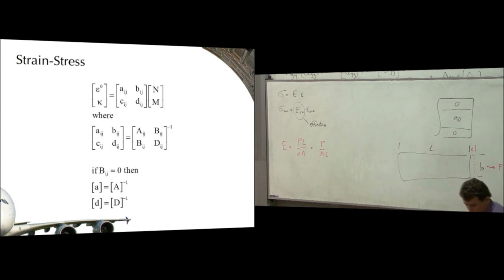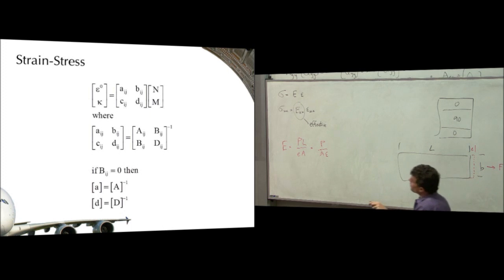So I've done it, it's in the notes, and I did flick through it quickly last week, but we can do an inverse of the A and B matrix to get little a's and little b's. And instead of having forces on one side, we've now got strains on one side and forces on the other. So if we apply the strain, we can measure the force, or if we apply the force, we can measure the strain. Let's assume we've applied the force, because that's the easiest thing for us to do in a test.